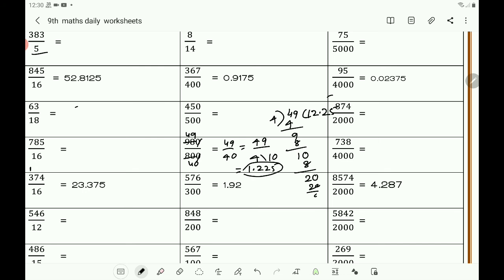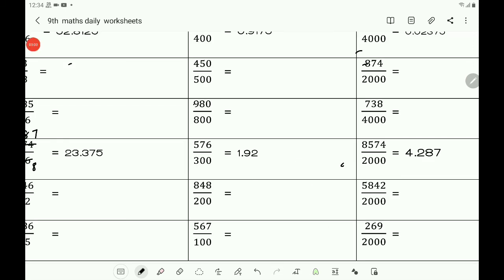This is the easiest method of converting. So you know that it is difficult to divide it by 40. If you are ready to divide, you can divide. Then if you want to take this one, here you observe 576 by 300 is there. Now find the sum here. 5 plus 7, 12, 12 plus 6, 18. It is divisible by 3.